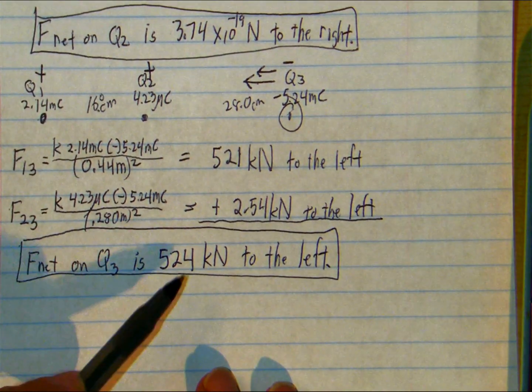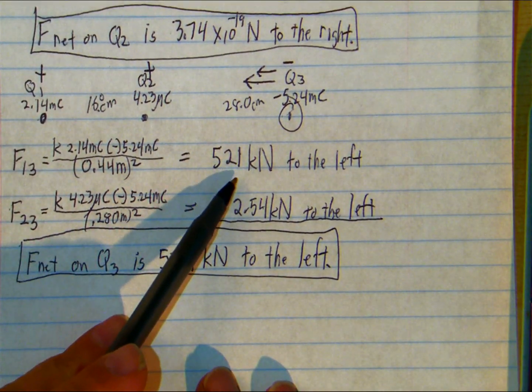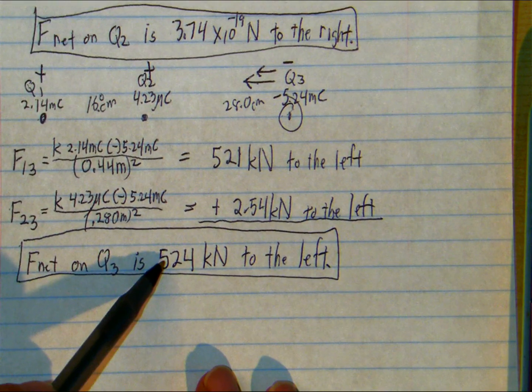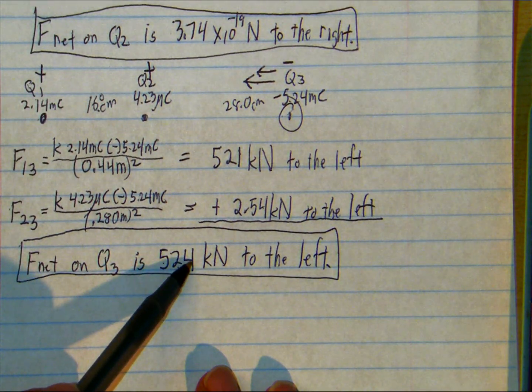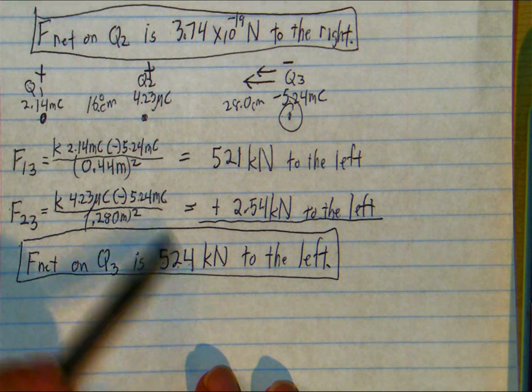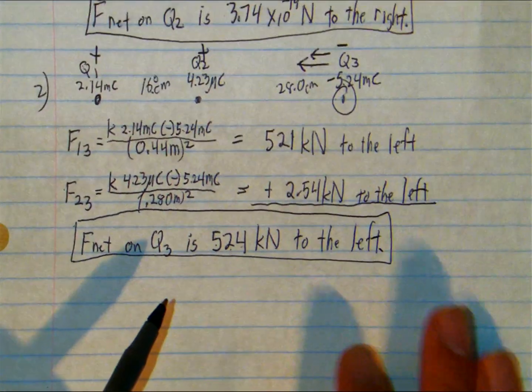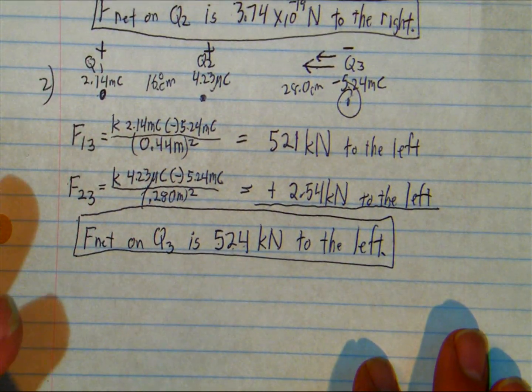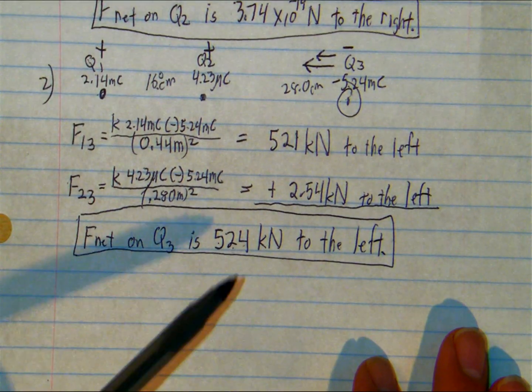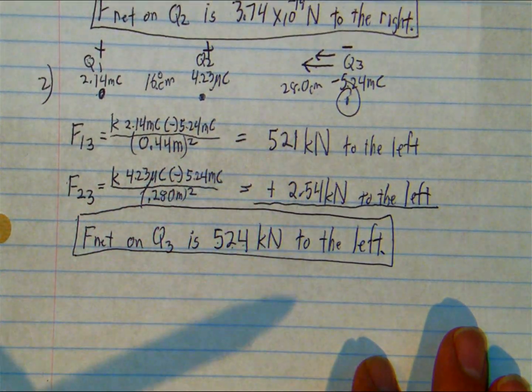Now, you may have rounded it differently, and if you rounded it differently, you would end up with 523 kilonewtons, possibly. That is still considered a correct answer. So, technically speaking, you're supposed to round off every step of the way.